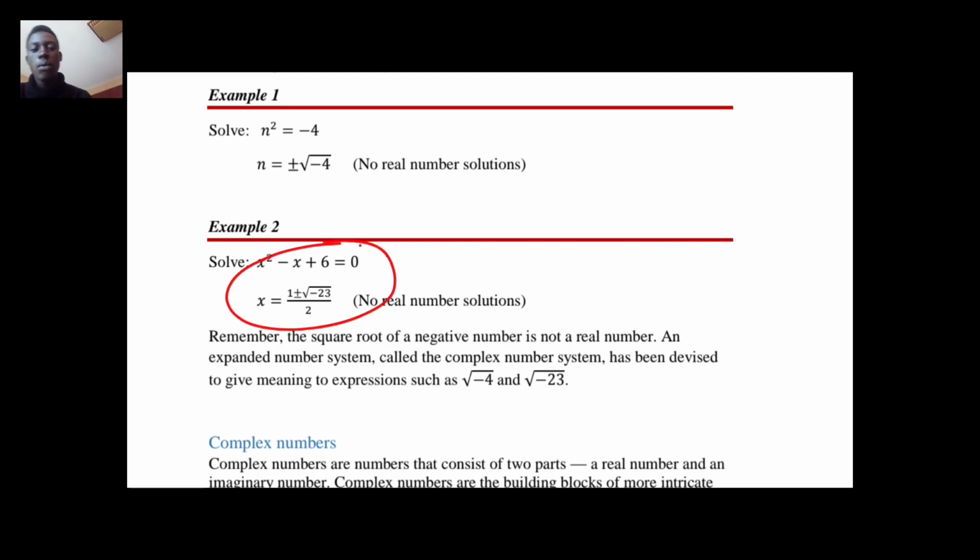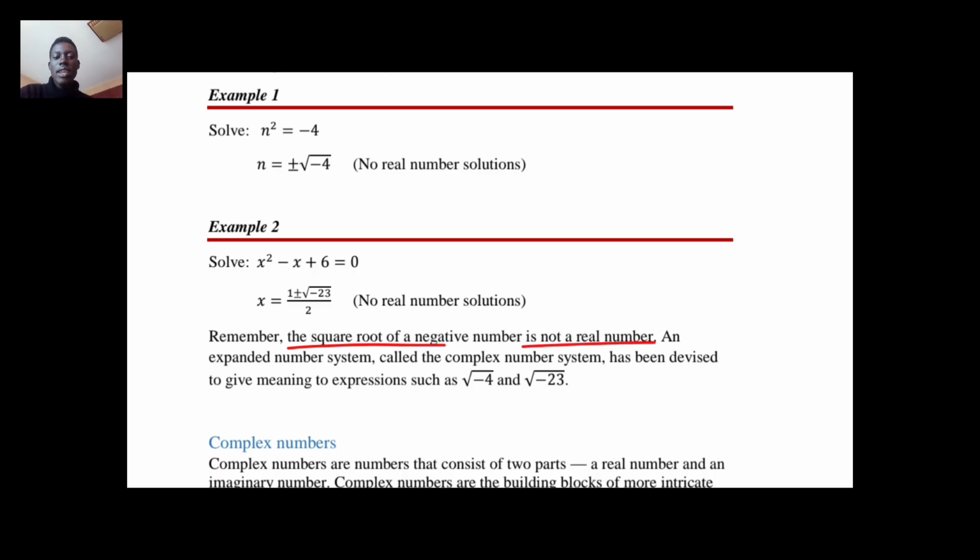It is also the same for these complex numbers. You see, inside there is a negative number, so it will give you a non-real number solution. Remember, the square root of a negative number is not a real number.